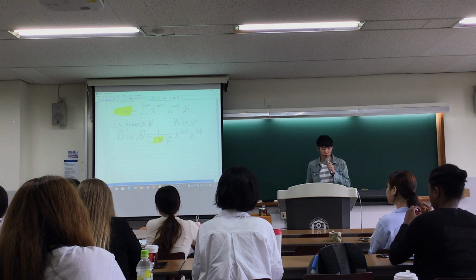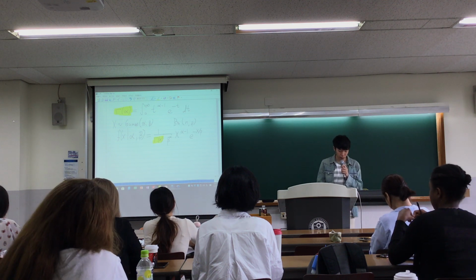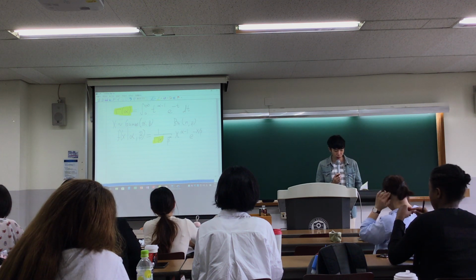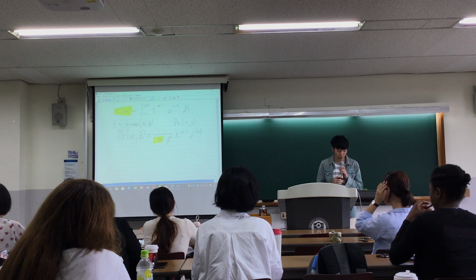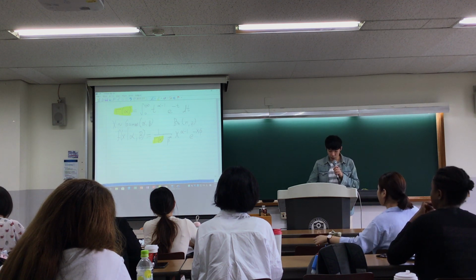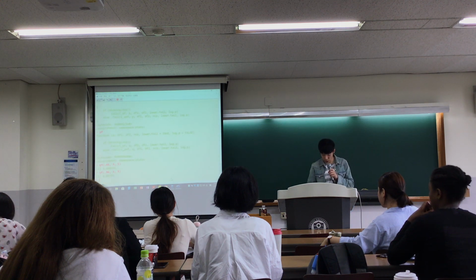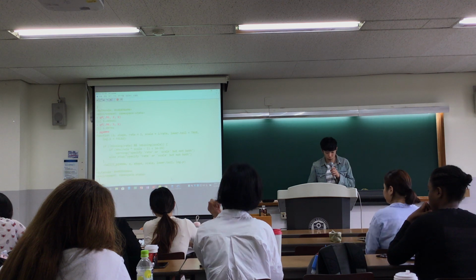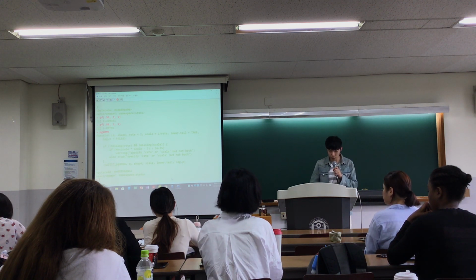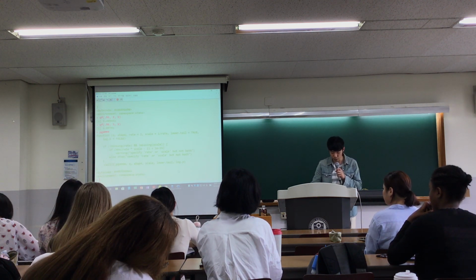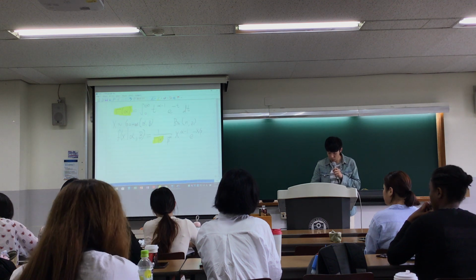Nobody actually integrates this, but if you're interested, you can refer to a text. Again, in R, we can write pgamma and qgamma, and then do the same thing. I won't do it here.